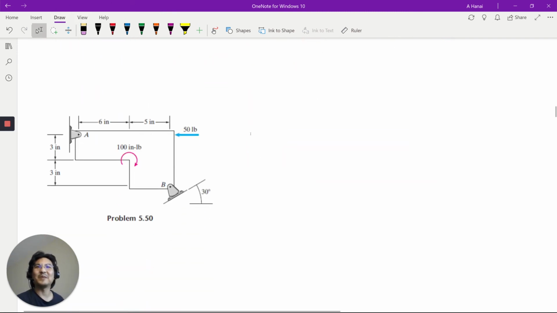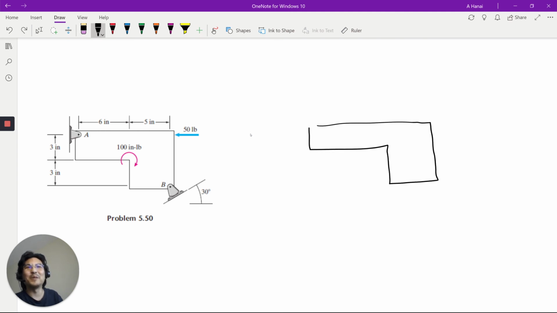Okay, last one. So we have some object here, and then I feel like they're tricking you over here. So that's like mean. Because the free body diagram looks like this. There's a couple here and a force here. And then for reactions, this is a pin and this is a pin. Right, so I'll pick coordinates maybe like this.